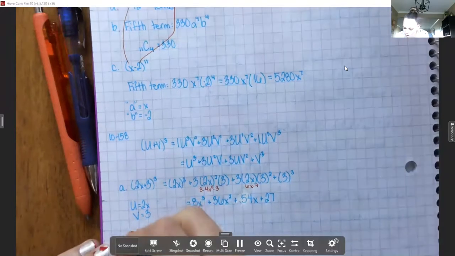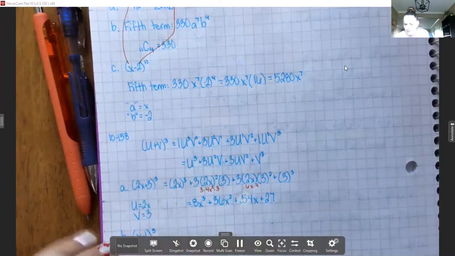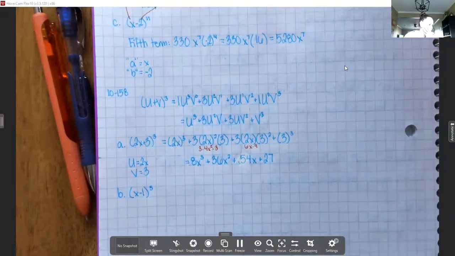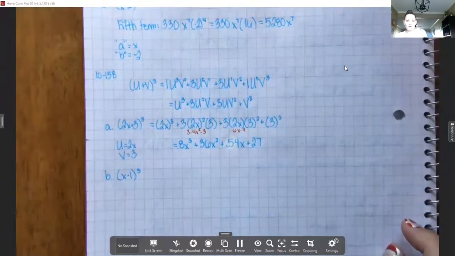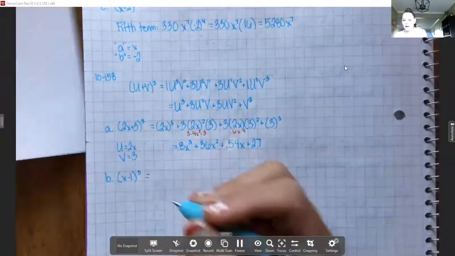Okay, so for B, they want us to do x minus 1 to the 5th. So I'm just going to use my triangle here.